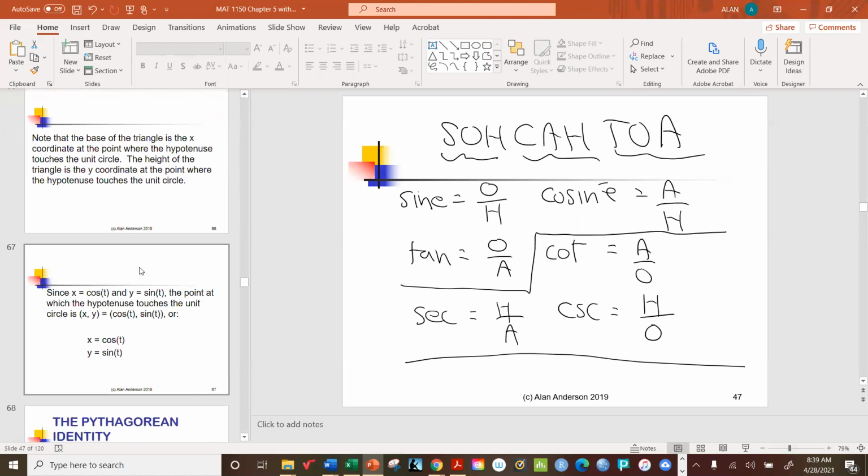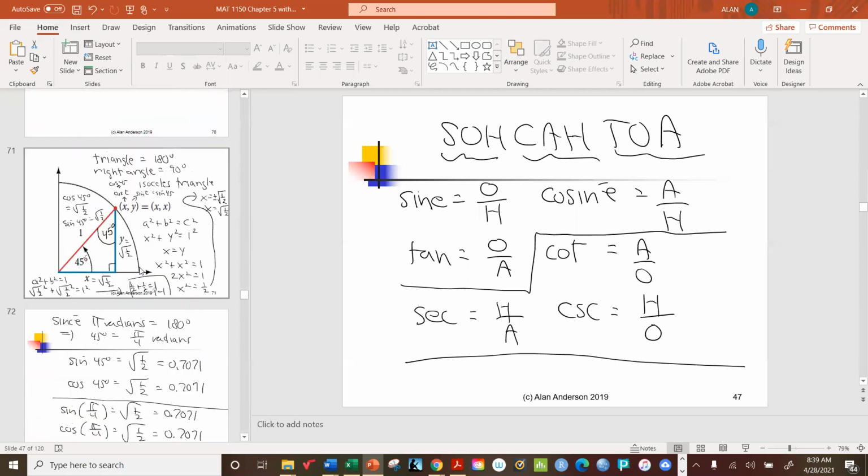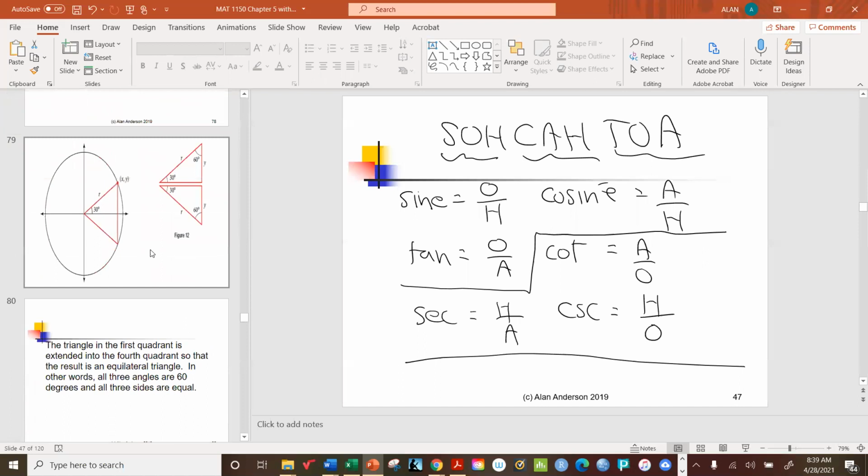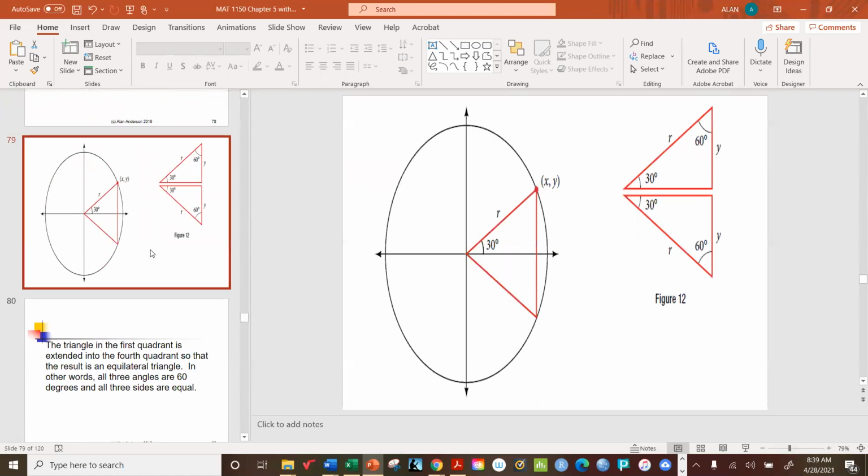Again, you notice this is all based on geometry, which maybe a lot of people don't care much for. But here's our strategy this time: to create 2 right triangles where the degrees are 30, 60, and 90. 30, 60, 90.